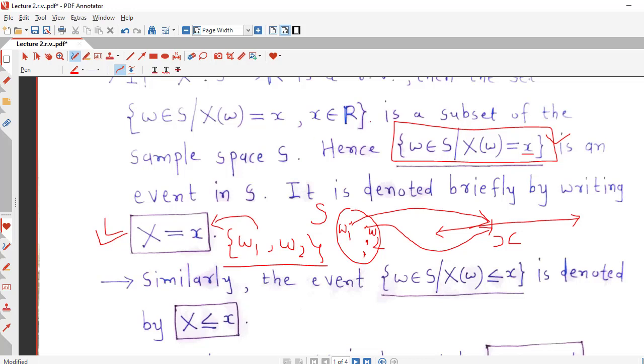Instead of writing this big set every time, it will be denoted by this notation capital X equal to small x. So please keep in mind, capital X equal to small x is an event in the sample space S. It is not an equation. It is that event which contains those outcomes in the sample space whose image is the real number x.